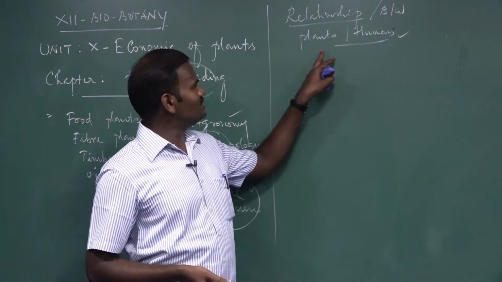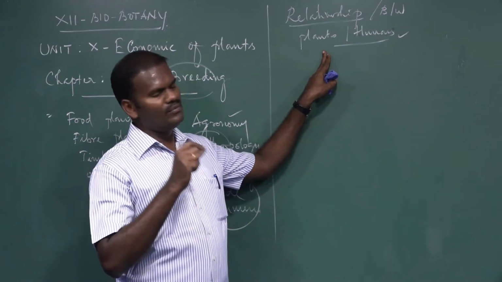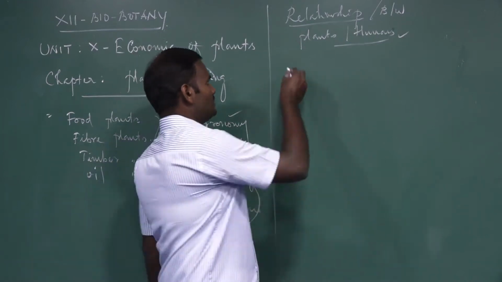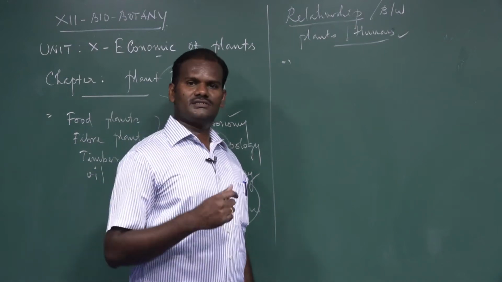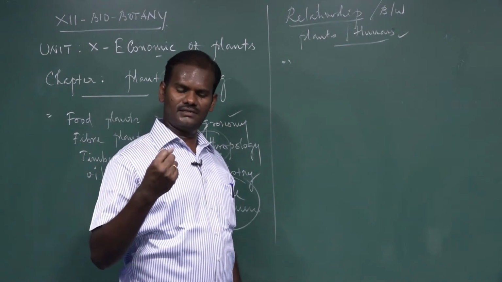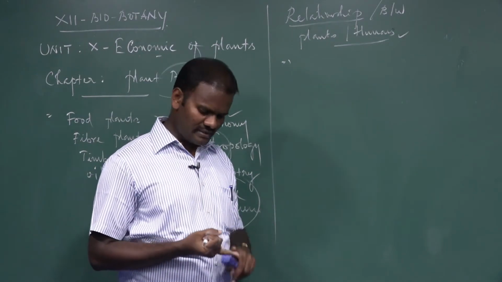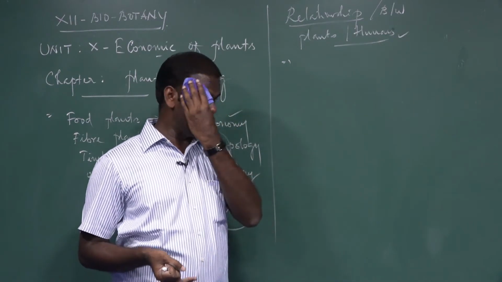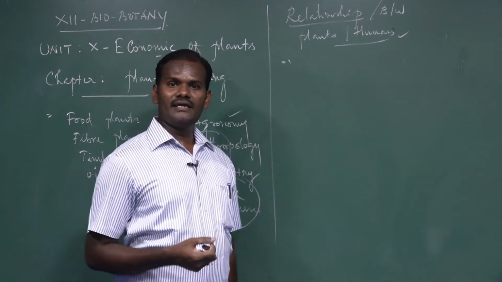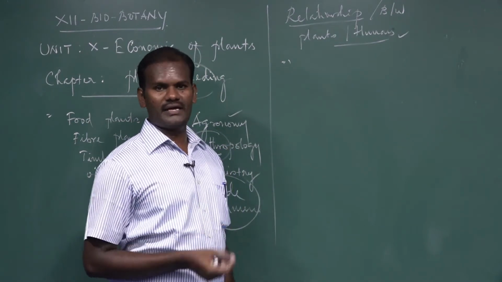Such plants are useful in many ways. For example, our ancestors selected a variety of plants such as medicinal plants, fiber-yielding plants and food plants from different parts of the world, and these are very useful to mankind.